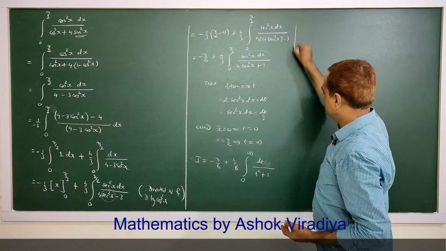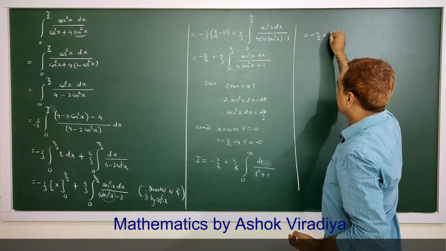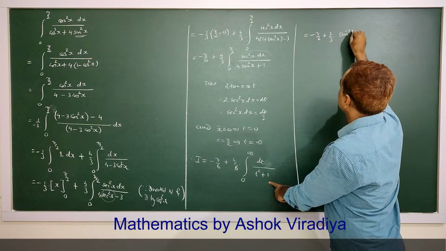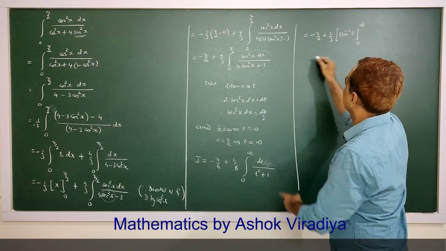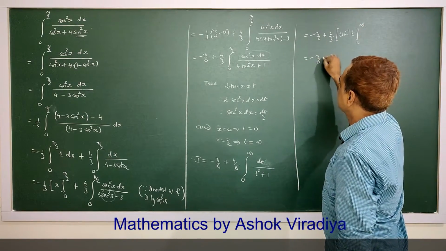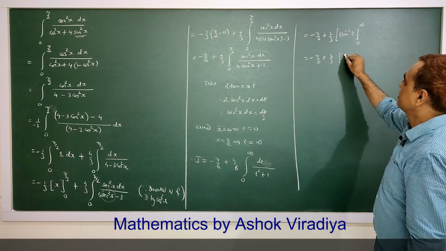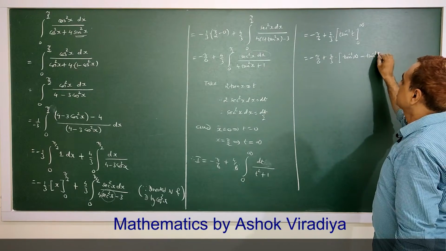So it is equal to minus pi by 6 plus 2 by 3. Its integral is tan inverse t, 0 to infinity. So minus pi by 6 plus 2 by 3 into tan inverse infinity minus tan inverse 0.